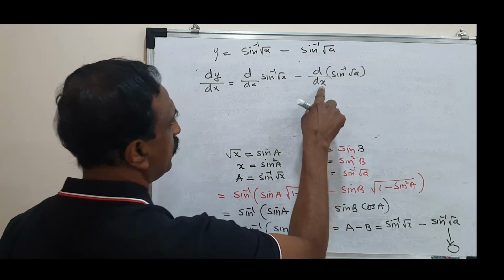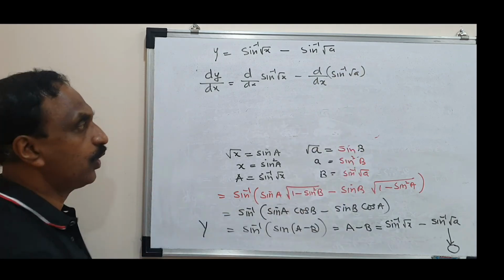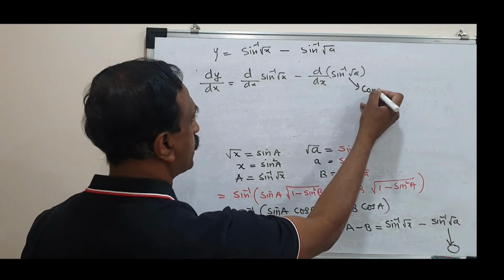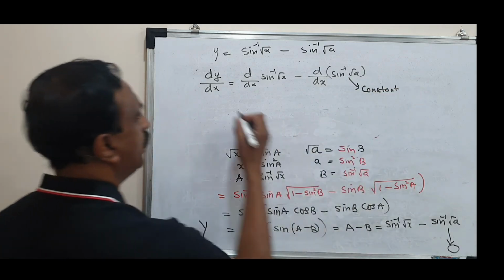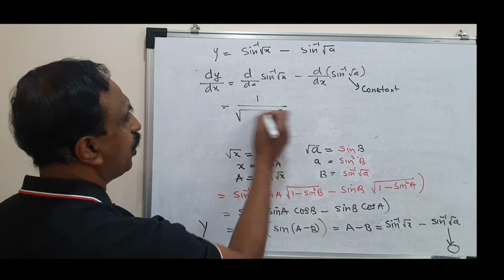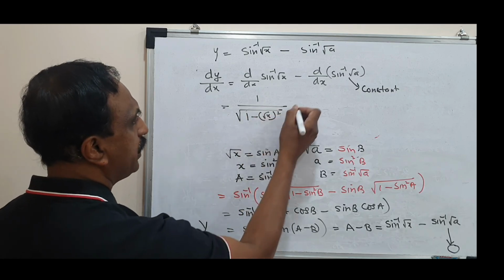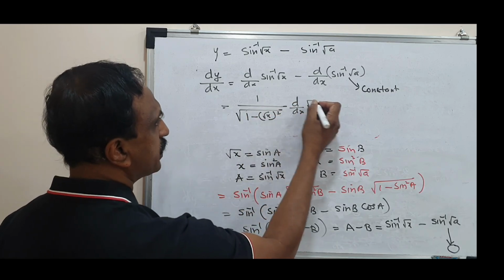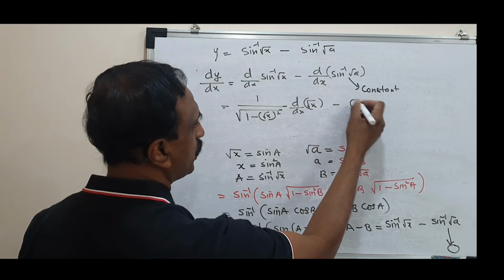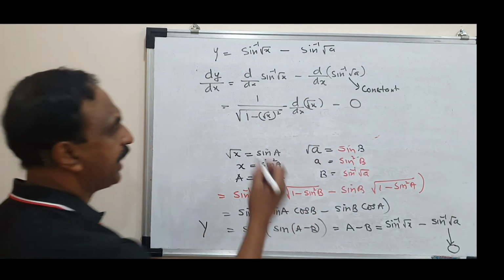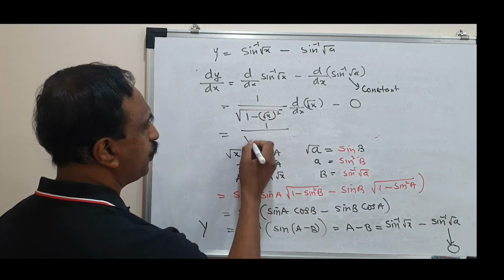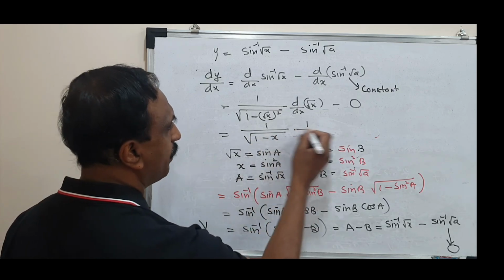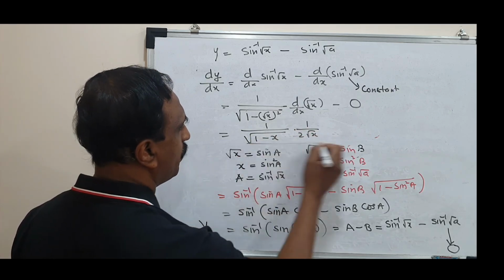Remember, the variable is x, but a is a constant. So my answer will be 1 upon root of 1 minus root x the whole square into dy dx of root x, and here the derivative would be 0. So finally my answer becomes 1 by root of 1 minus x into 1 by 2 root x. This will be my answer.